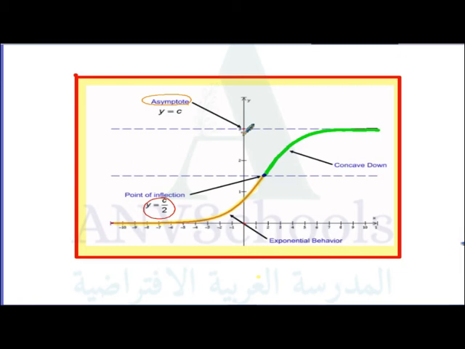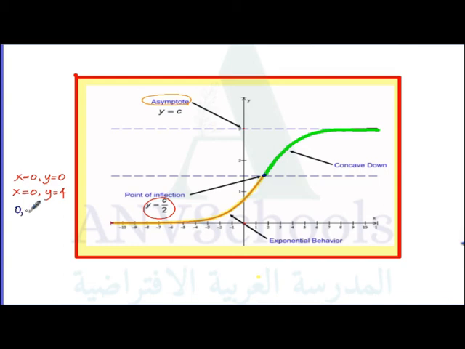For example, the logistic function begins at x is equal to 0, y is equal to 0. And let's say it ends at x is equal to 0 and y is equal to 4. So that's the restraint for the range of our logistic function. Then the point of inflection will be found by getting the average, or the midpoint.